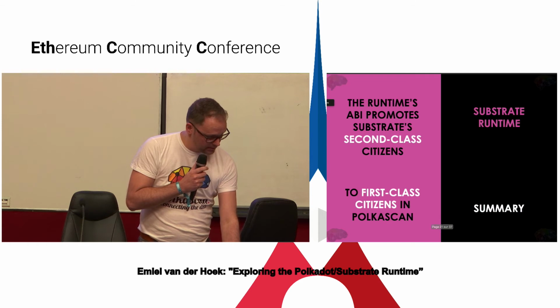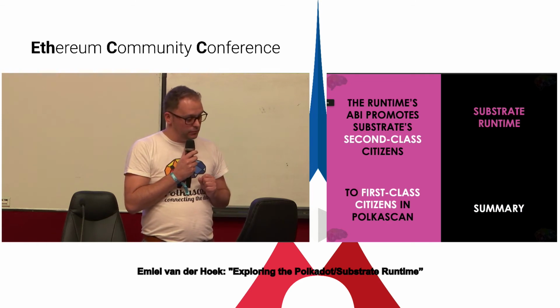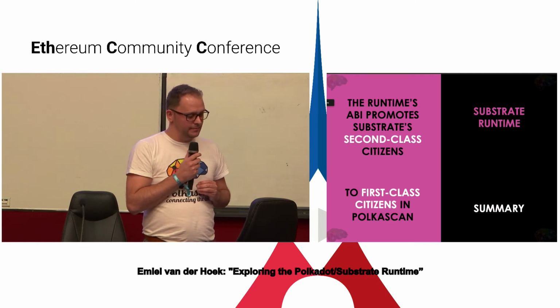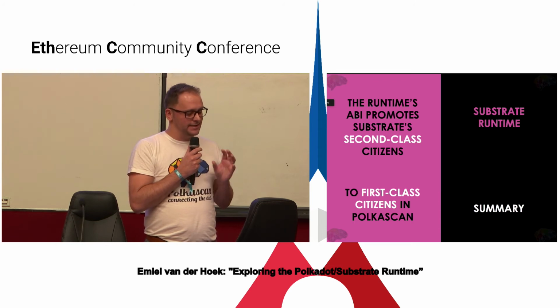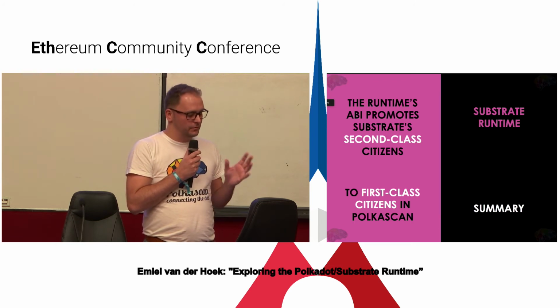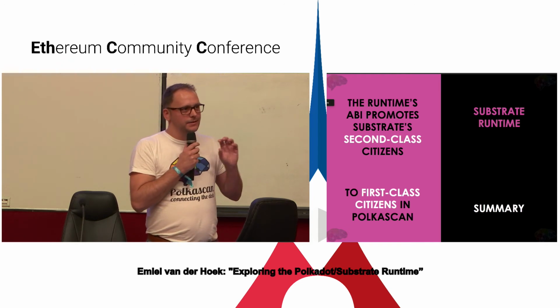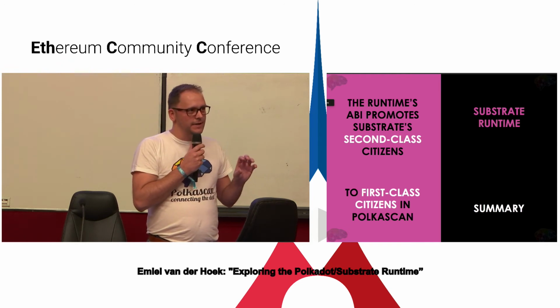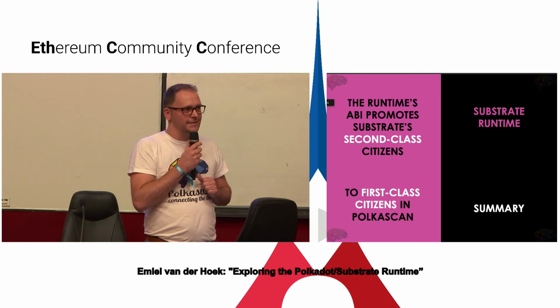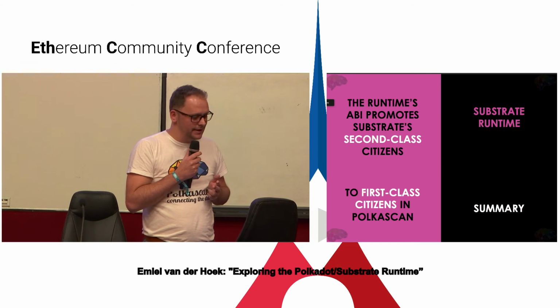Yes. So the runtime's ABI promotes substrate second-class citizens to first-class citizens in PolkaScan. As I said, substrate only has a handful of first-class citizens: blocks, extrinsics, and, well, storage. You can't do anything with that in a block explorer.